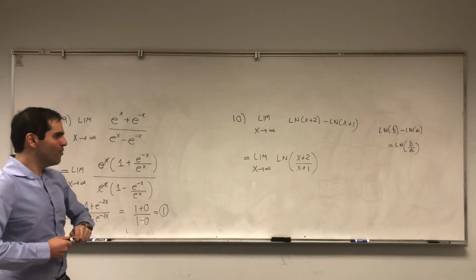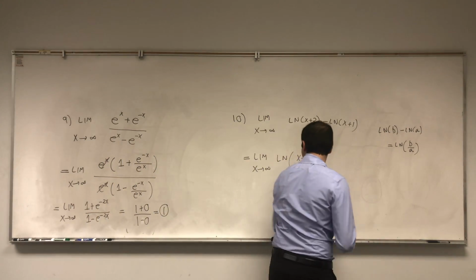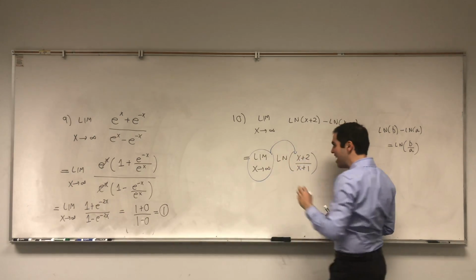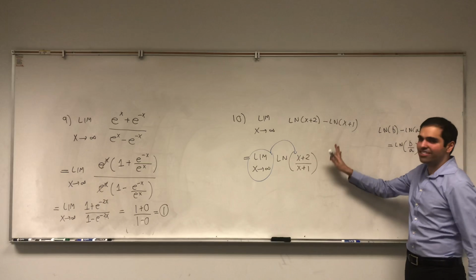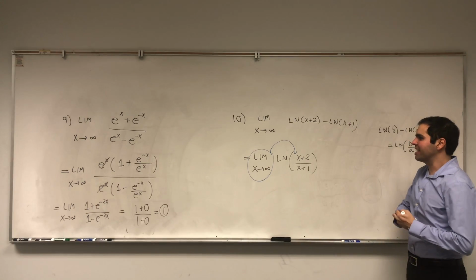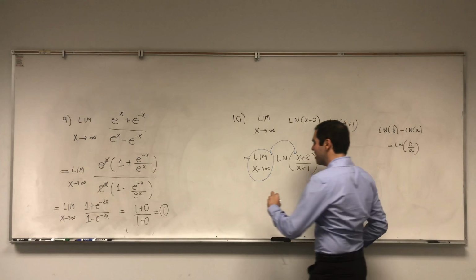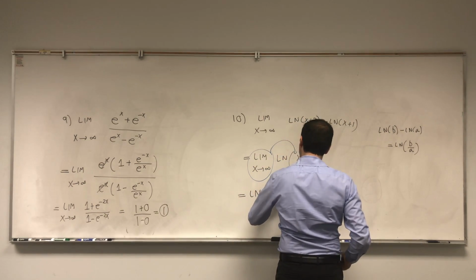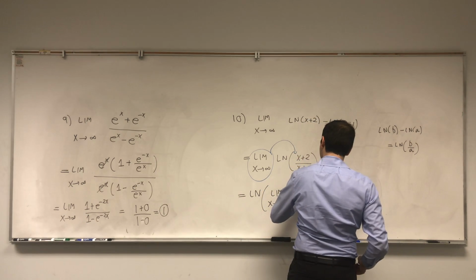Now, what we want to do is put this limit inside the ln, which is very non-trivial, but essentially what this is called, putting the limit inside the function, is continuity. So because ln is continuous, that's the same thing as saying ln of the limit of (x plus 2) over (x plus 1).